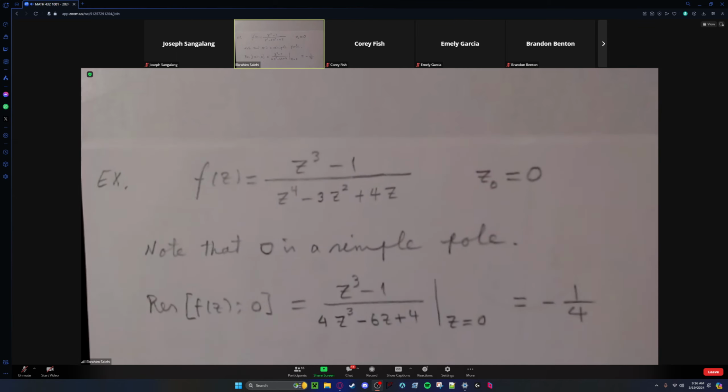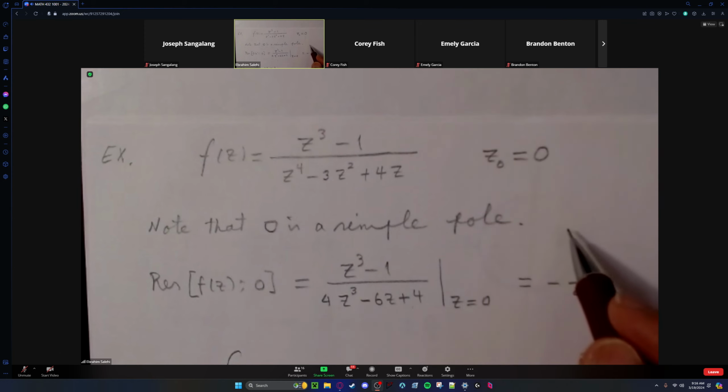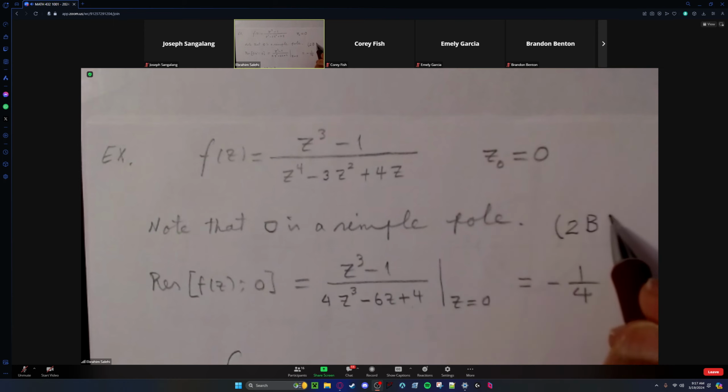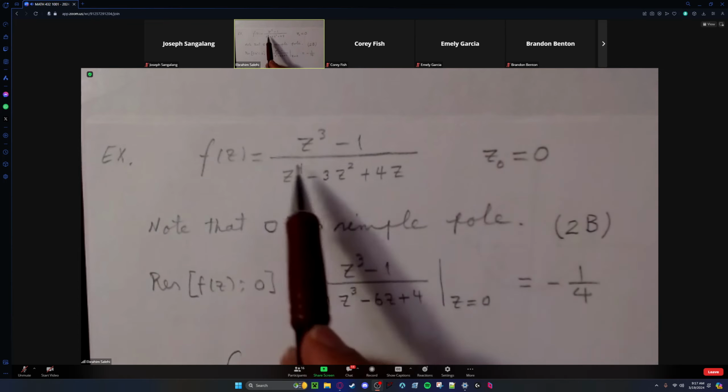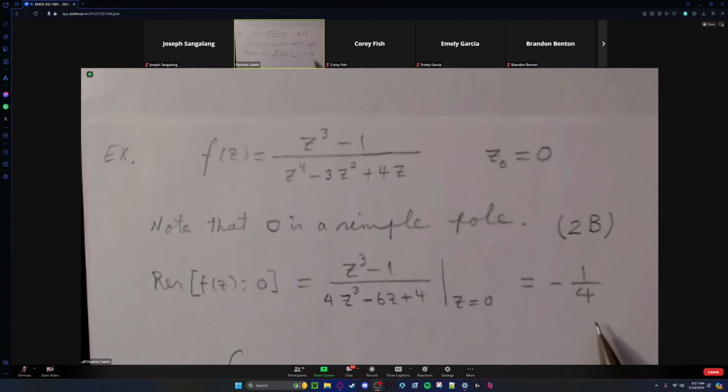Because it is a simple pole, I can use either 2A or 2B. In this case, I have used 2B, the technique that I explained earlier, which is the numerator divided by the derivative of the denominator, evaluated at that bad point. So the residue in this case is negative 1/4. All right, any question about this one?